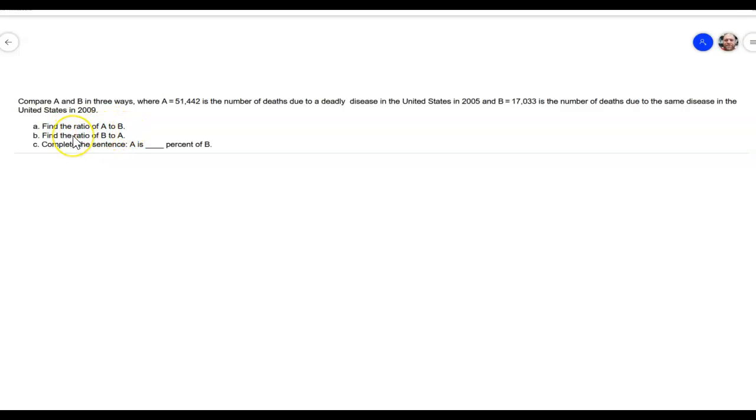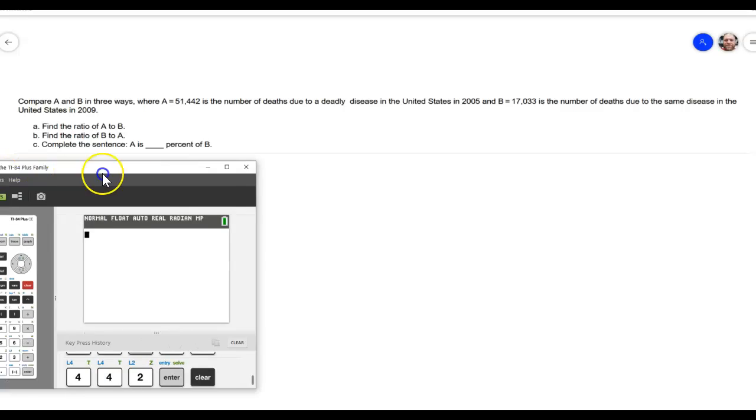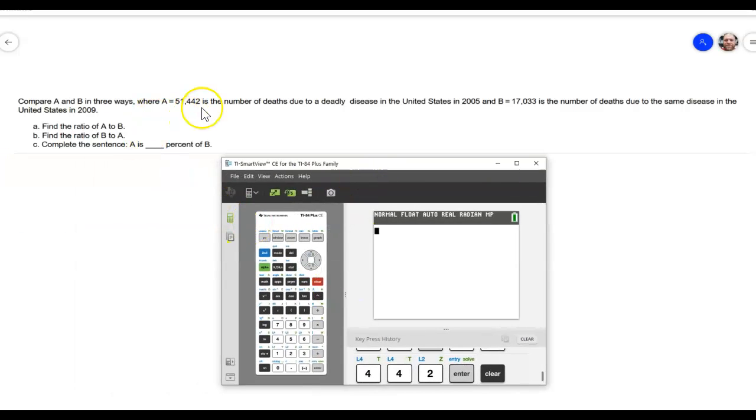When they say ratio, ratio means just a fraction, and A to B means you want to put A on the top and B on the bottom. We're simply going to take the calculator and do A on the top, 51,442, divided by B on the bottom, 17,033.